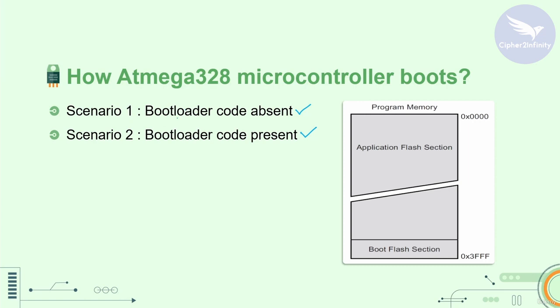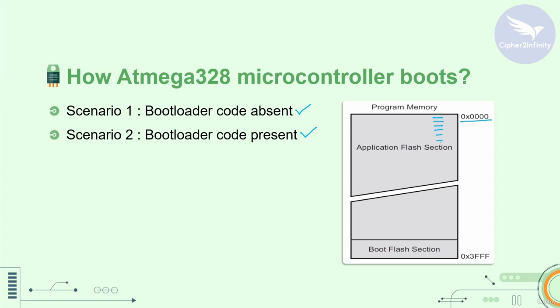So when the bootloader code is not present in this bootloader flash section, it means what? We are using the USB ASP programmer to program the code in the microcontroller. Once the program is programmed in the application flash section, in that case, straight away from this particular location, 0x0000, it's going to start executing the code line by line.